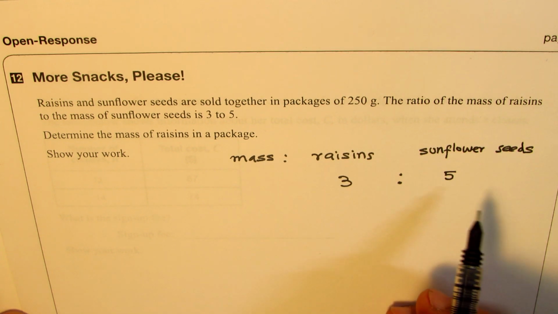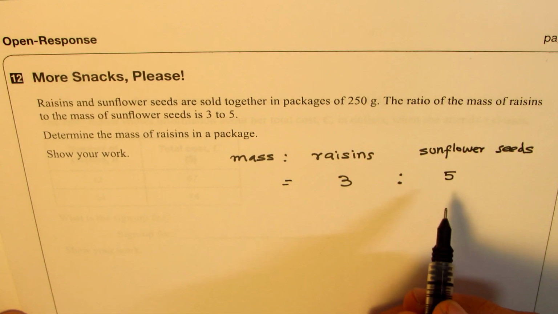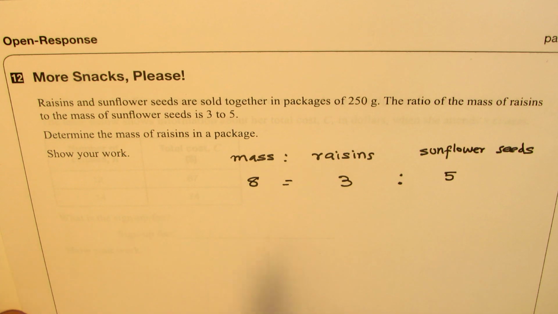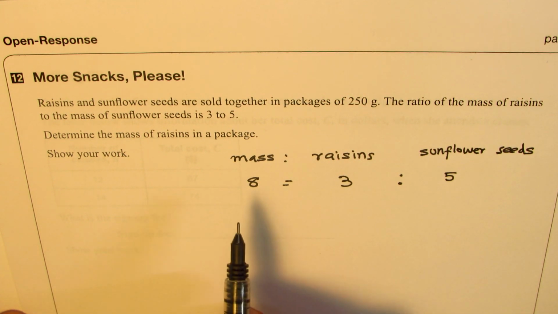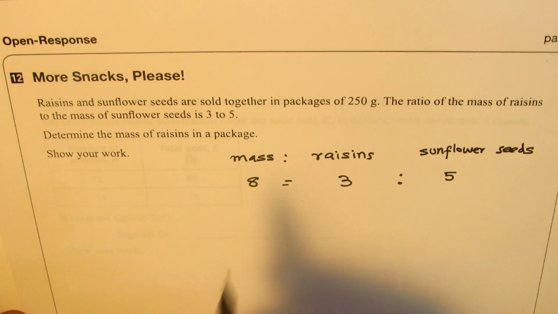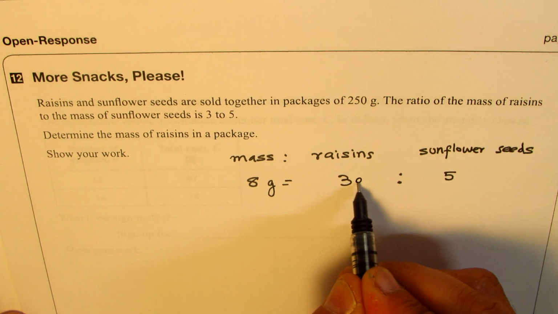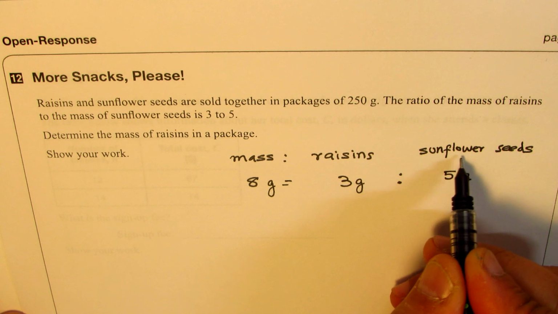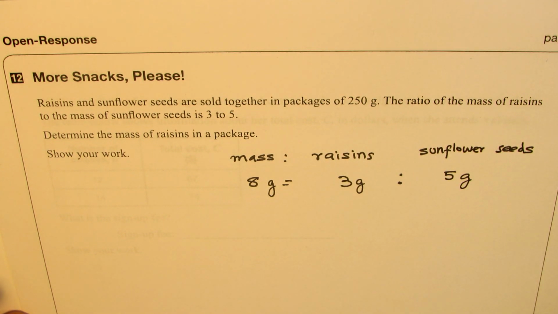Now that really means that if we have a total mass of 8 in a package, then out of 8, 3 grams will be raisins. If it is in grams, then 3 grams will be raisins and 5 grams will be sunflower seeds. You understand the concepts, right? So that is what the ratio really means.